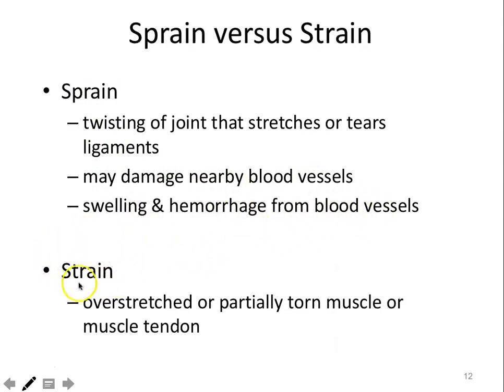Now, a strain usually means either a torn or partially torn muscle, or an injured tendon. Sometimes the injury is so bad that you tear the tendon as well as the ligaments around it, so you can have a strain and a sprain. But in general, if you've only damaged the muscle, we consider that a strain. If you only damaged ligaments, we call that a sprain. Okay.